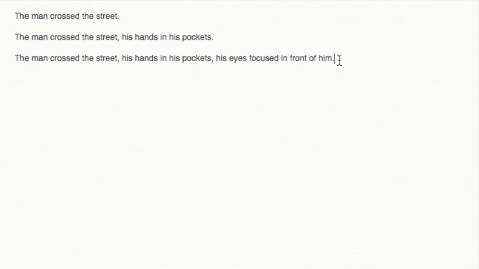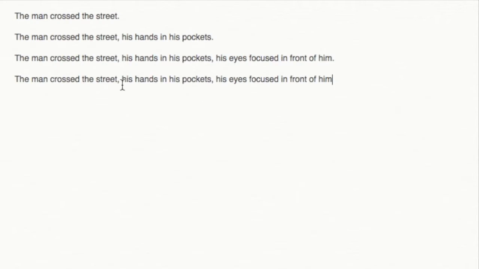So taking the same sentence, we can insert in between the phrases tentatively. So now we have the man crossed the street tentatively, his hands in his pockets, his eyes focused in front of him. How about we describe the setting?